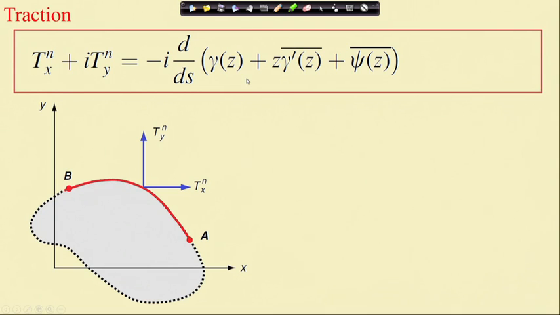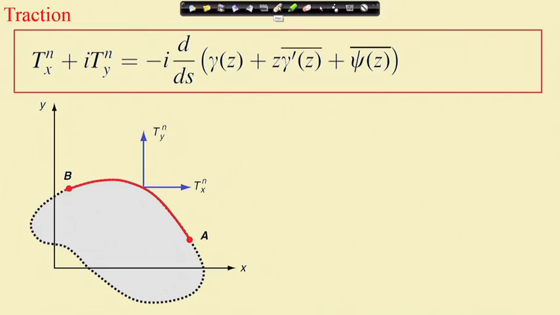Okay. Now, one thing we did not discuss in the last class, that is the boundary condition. See, if you recall, the boundary condition can be of two types. One is the traction boundary condition, where the traction is specified at the boundary, not the stresses. And then another is the displacement boundary condition, where the displacements are specified at the boundary.